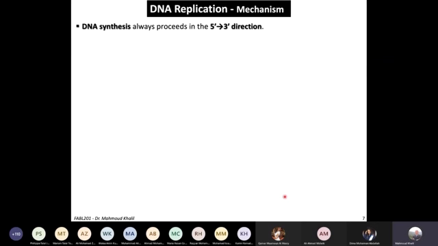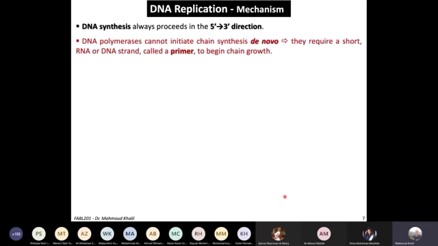Going deeper into how the replication occurs. DNA synthesis always proceeds in the 5' to 3' direction. The DNA polymerases cannot initiate synthesis de novo. What does de novo mean? They cannot sit on the DNA by themselves and do the replication.